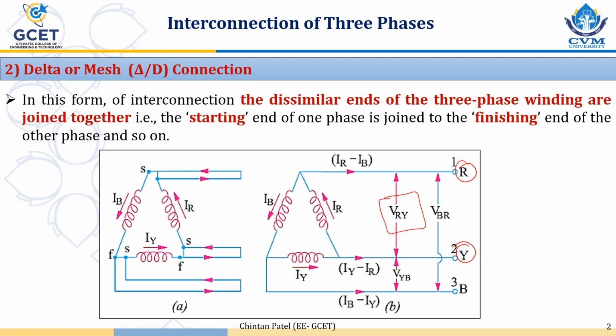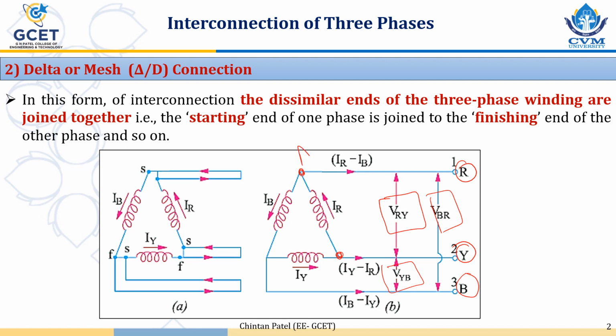The voltage between terminal R and terminal B is VBR, and voltage between terminals Y and B is VYB. As we are measuring the voltage between two phases, between two lines, these voltages are called line voltages. So if you observe, the line voltage between terminal R and Y is VRY, and VRY is nothing but the potential difference between these two points.